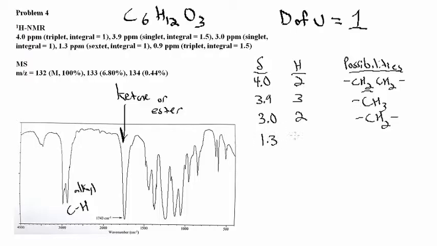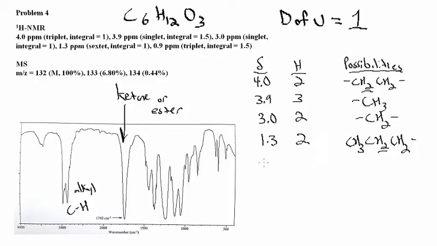The peak at 1.3 ppm, sextet, integral of 1, so that means that we have 2 hydrogens again. Now, very similar to problem 3, based on the limited number of carbons that we have, we can assume that this is due to the CH2 that is nestled in between a CH3 and a CH2. Those 5 nearby hydrogens will give rise to the sextet splitting.